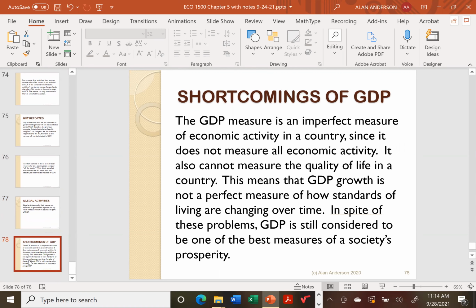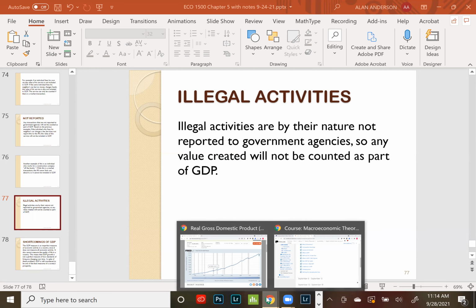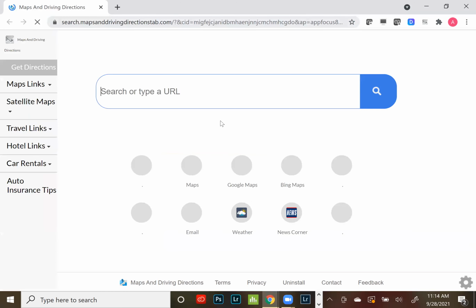So basically, it's understood that the GDP measures understate the true value of all the economic activity in the economy. Now, some economists have tried to estimate what percentage this represents. It's obviously a very difficult thing to do, but let's see if we can find something about this.